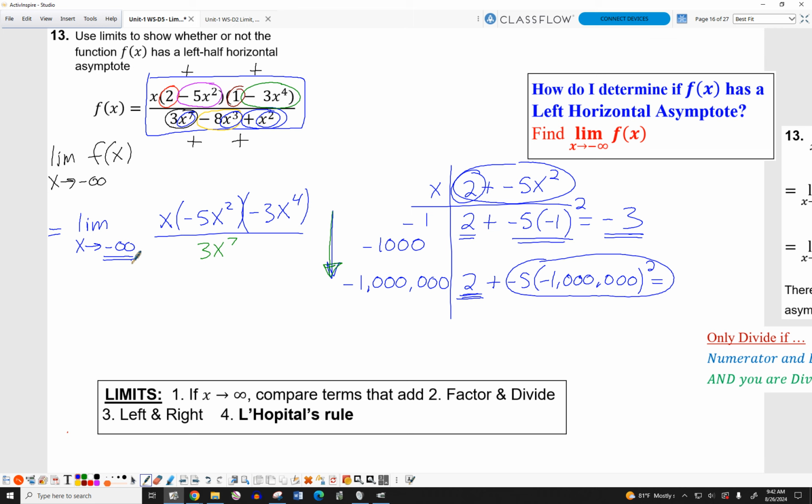3 points. Please. Why did you keep negative 5x to the second power if negative 3x to the fourth power dominates? Oh, awesome. 3 points, let's see who can see it. Why am I keeping both of these? Because Spencer's right. I just finished saying to Sam that this higher power on the bottom is going to dominate, so I'm going to ignore these two here and just keep the 3x to the 7.